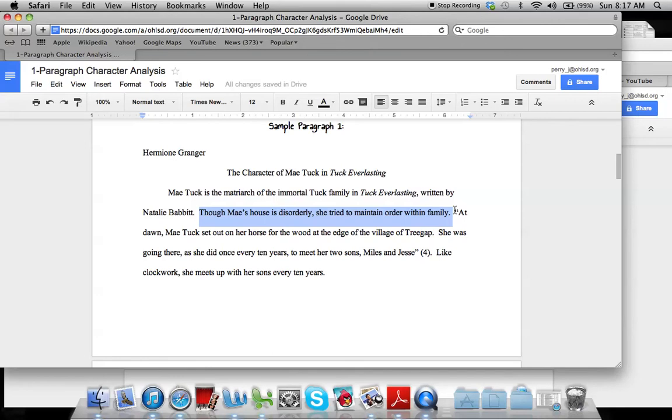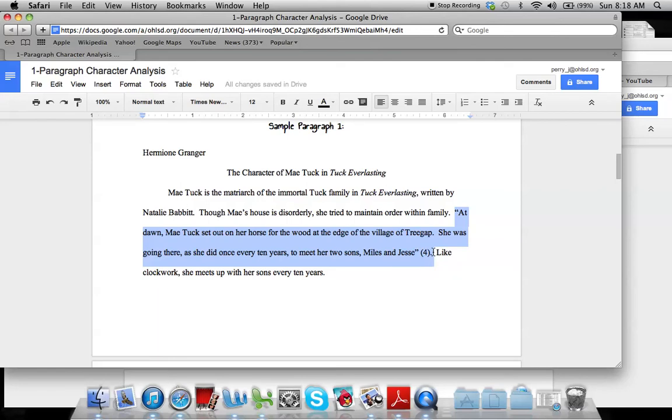So now the student has to prove it with an example from the text. So notice how she formats it. We have a quotation, and then we have the quote from the book, close quotation, a space, and then the page number within parentheses and the period outside of it. That's how you are to format your quote as well.